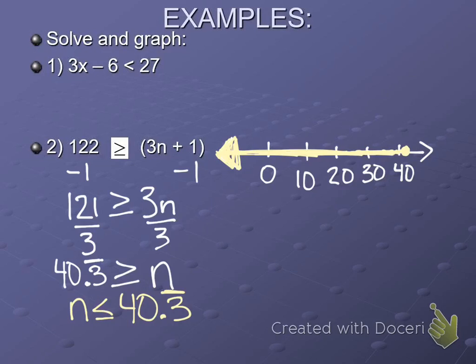So here, if we try out 0, we would have 40.3 repeating is greater than or equal to 0. Well, that's true. 40.3 repeating is greater than 0, so that works. The same thing would happen here if we plug it into n. 0 is less than or equal to 40.3 repeating. So I know it works. I got it right.